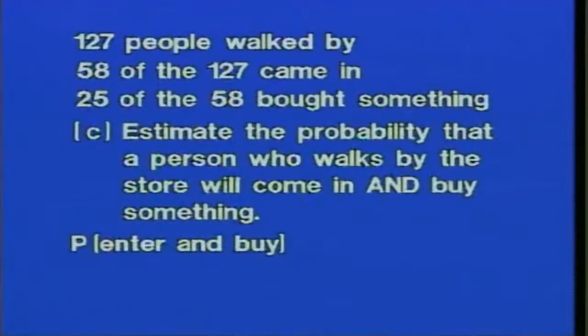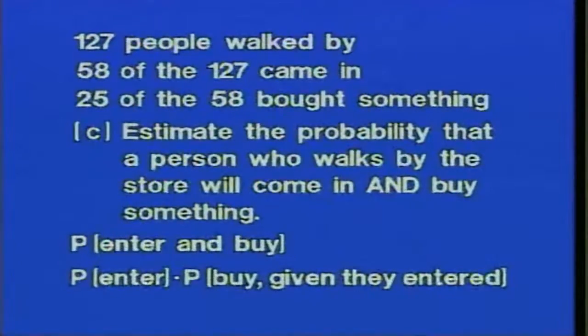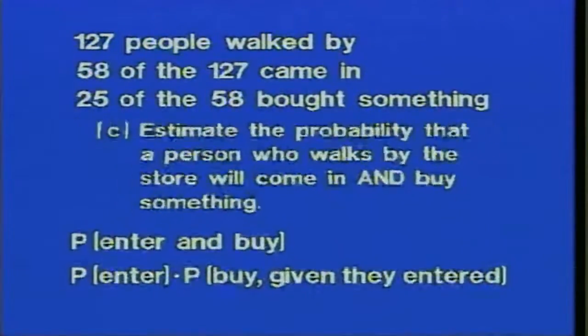The probability that a person chosen at random will enter and buy something. And it turns out that when the word "and" is used, we often multiply probabilities. In the next section we'll see how this is done a little bit further, but the probability of entering times the probability of buying something given that they entered is the way this problem will be worked.